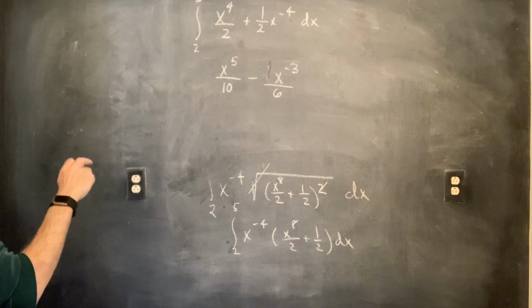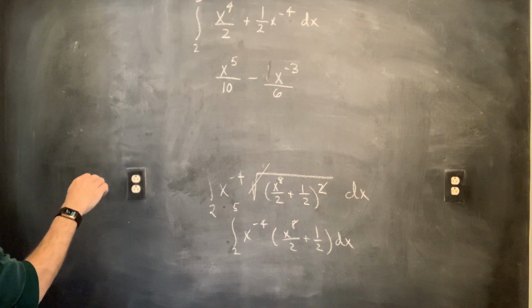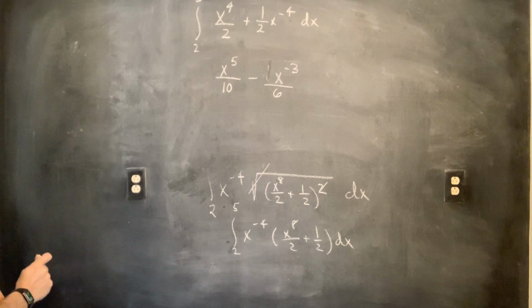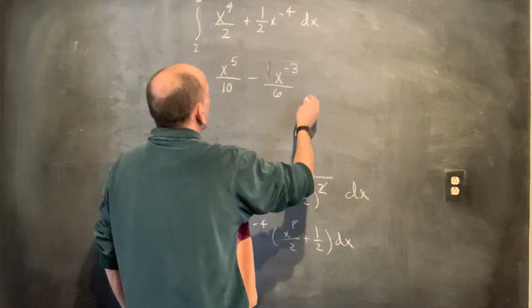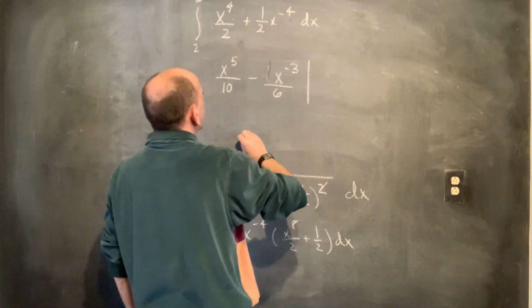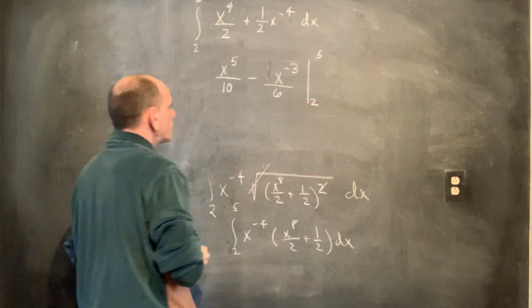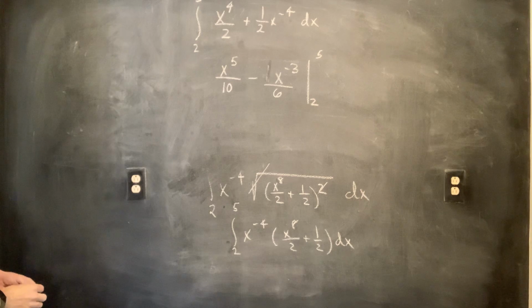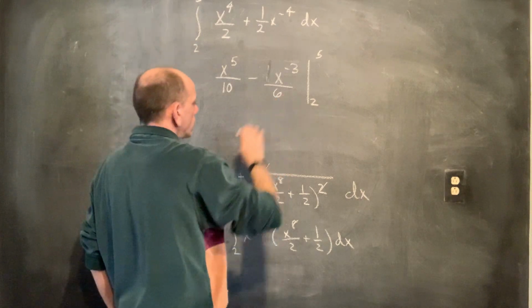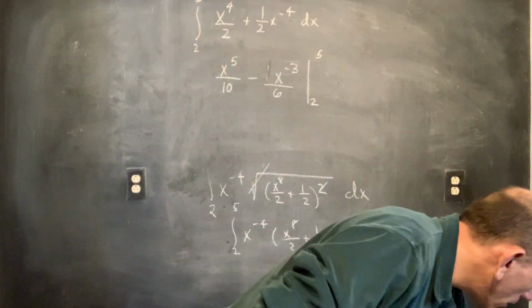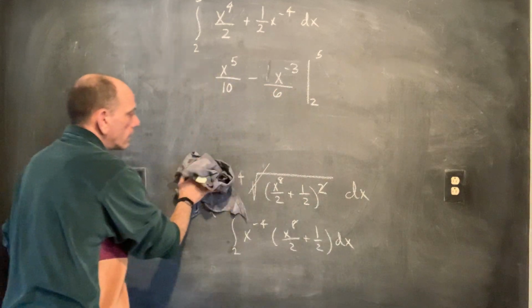So add 1 gives me a negative 3rd power. Divide by the new power, flips the sign, gives me a 6. Okay, good. Evaluated from 2 to 5. Really, I should probably just drop that down in order to make our evaluation easier.